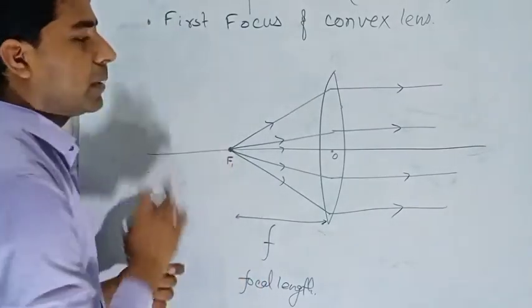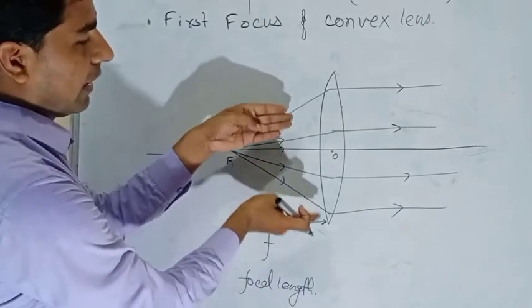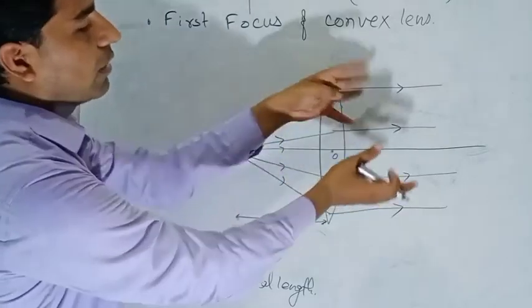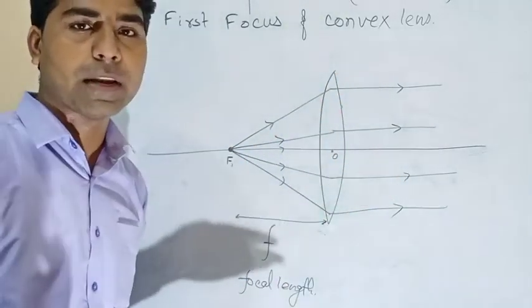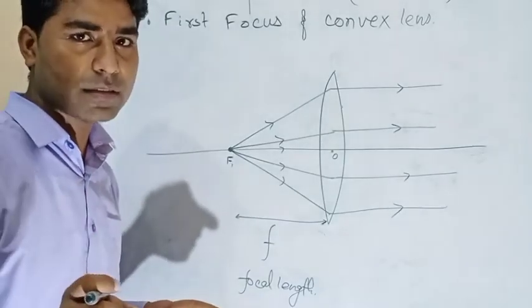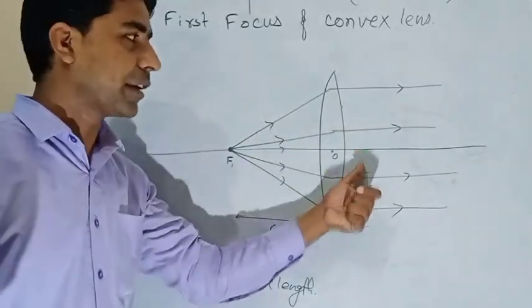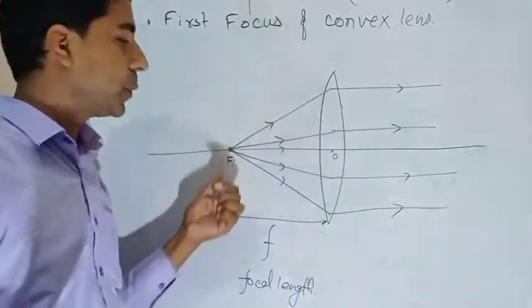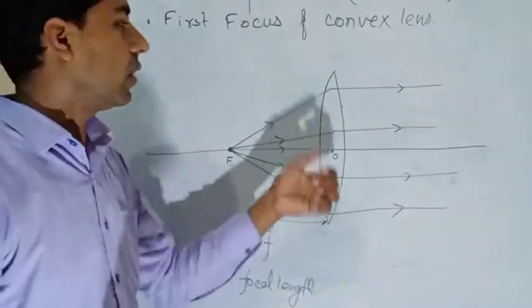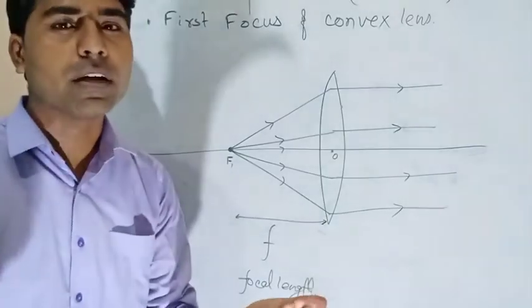It is the point on the principal axis such that if the rays start from it and fall on the lens, after refraction all the rays become parallel to the principal axis. That point is called the first focus of the convex lens.